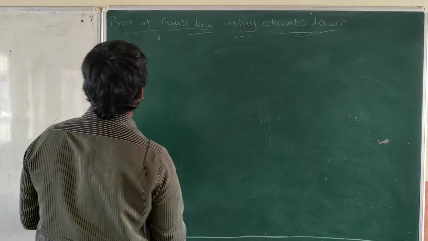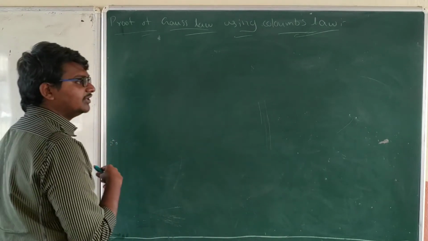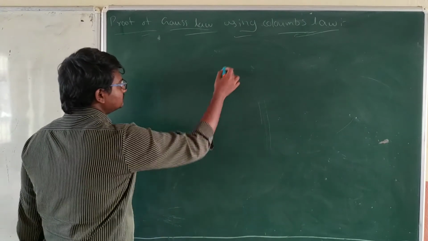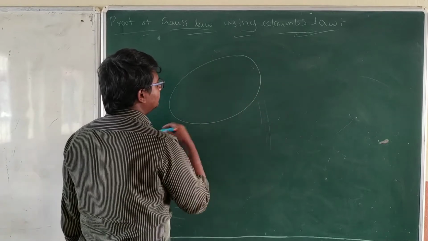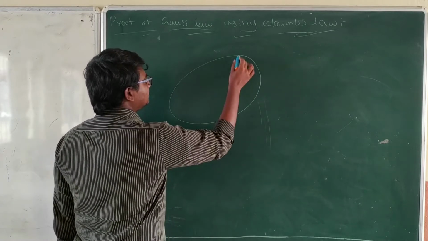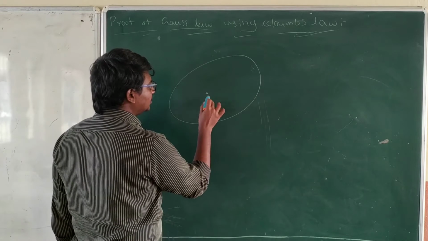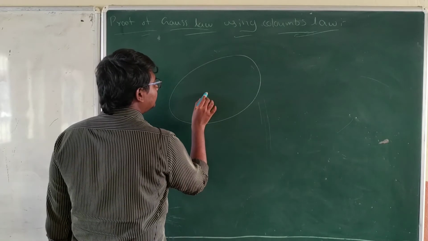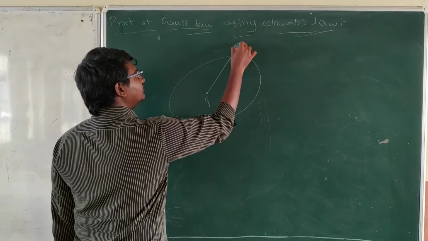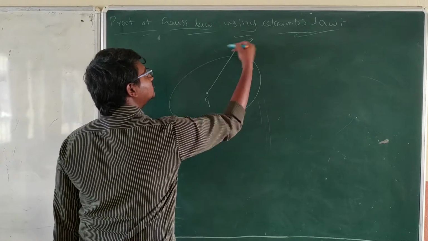Now, how are we going to prove Gauss law by using Coulomb's law? Let's see. Let's consider a spherical or any enclosed surface. Here we are keeping a charge Q, and due to this charge Q, there will be electric field E bar outside.